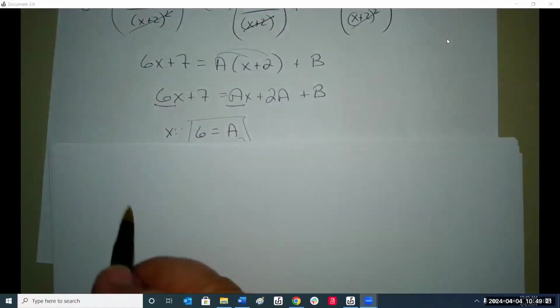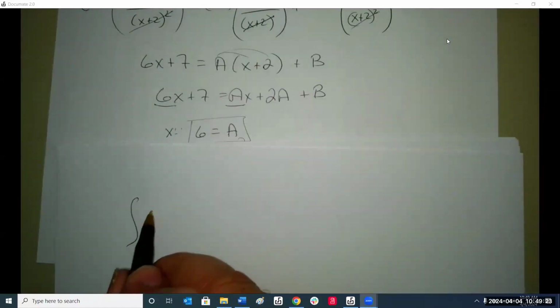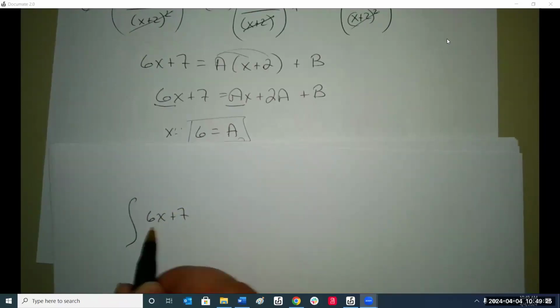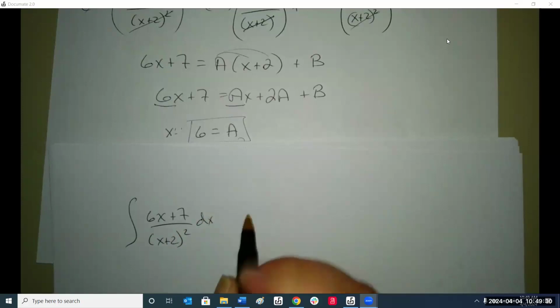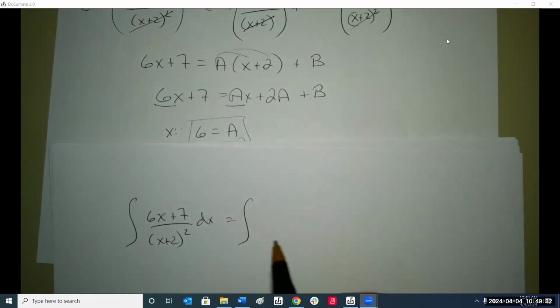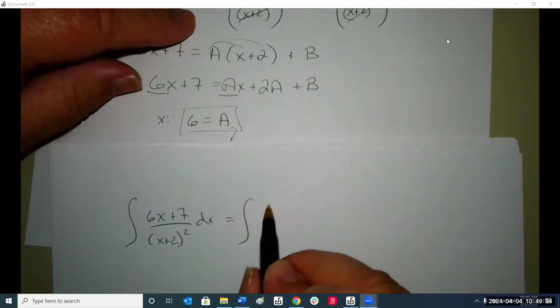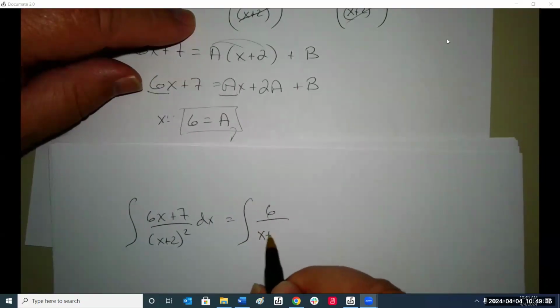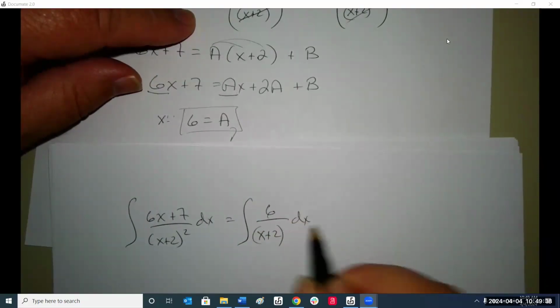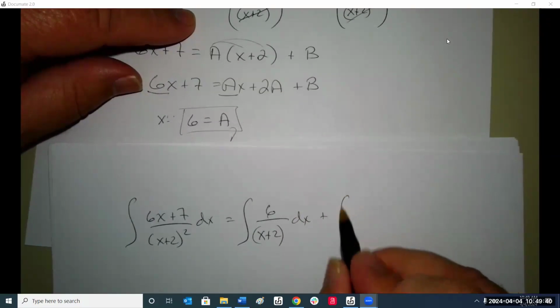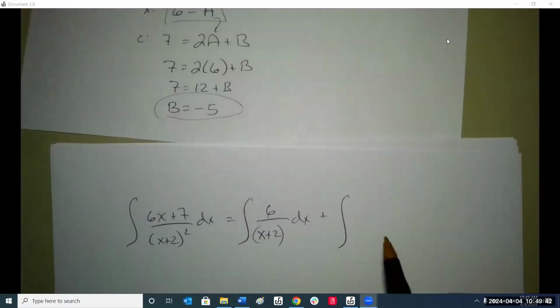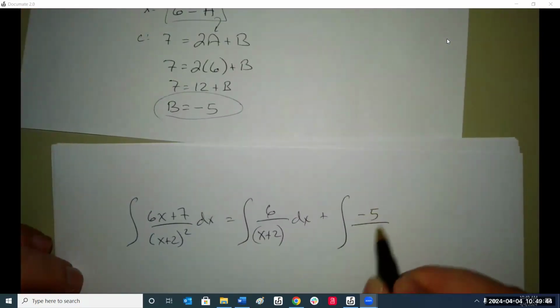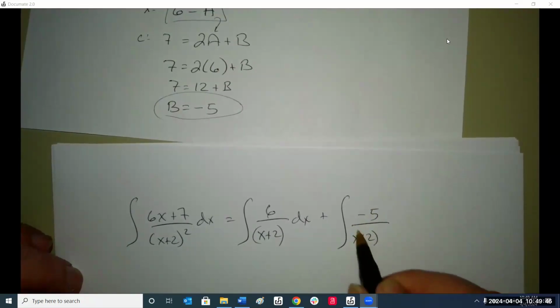I just substitute that, so I'll have the integral of (6x + 7) over (x + 2) squared dx is equal to the integral of 6 over (x + 2) dx plus B, which was -5, over (x + 2) squared.